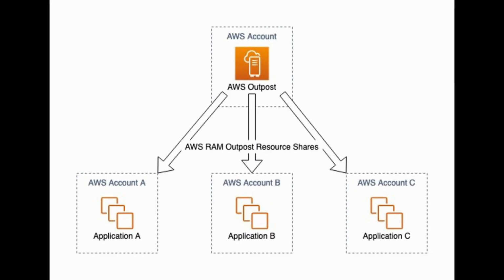Outposts extends AWS services to your on-premises data center, giving you a consistent experience across both environments. You get to run AWS services locally while still benefiting from cloud computing. This is perfect for meeting specific needs like low latency, data residency, or integration for hybrid deployments.